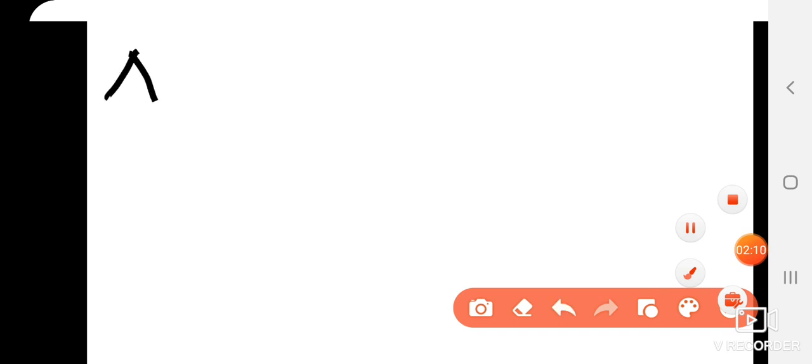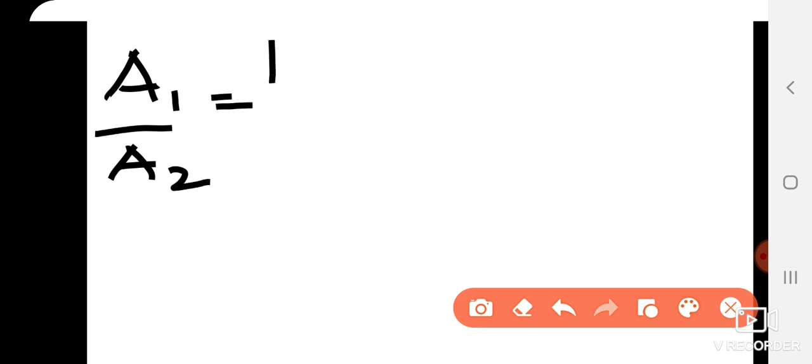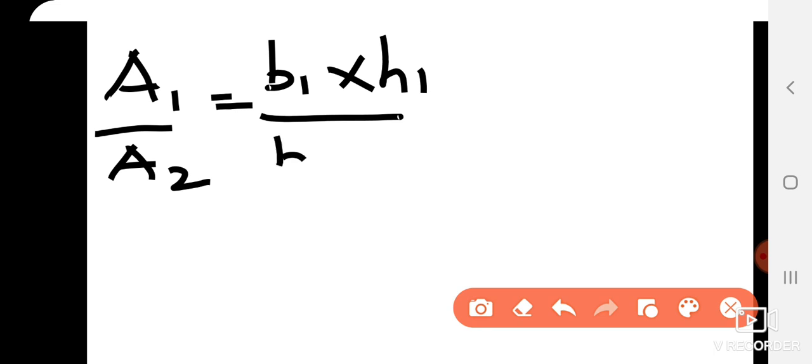Let us go into the second concept of the ratio of areas of two triangles. Let us take the area of the first triangle. A1 upon A2 is equal to B1 into H1 upon B2 into H2. We have learnt how to calculate this. Now suppose I say H1 is equal to H2.